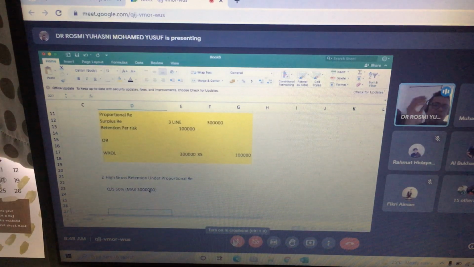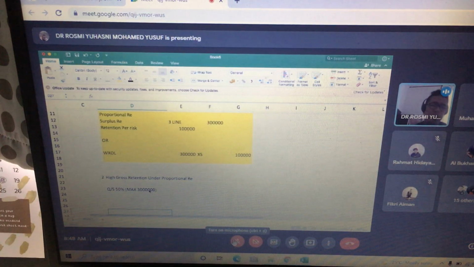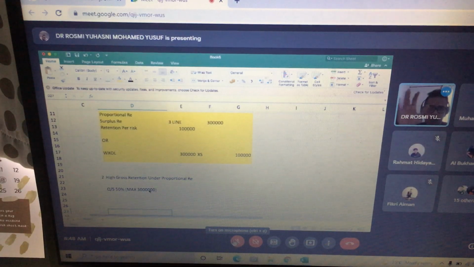So knowing that this is their proportional reinsurance strategy, having 50% retention and 50% reinsurance, scale yang mereka akan guna hanyalah up to 3 million. That is the range per risk between the insurer and the quota share reinsurer.